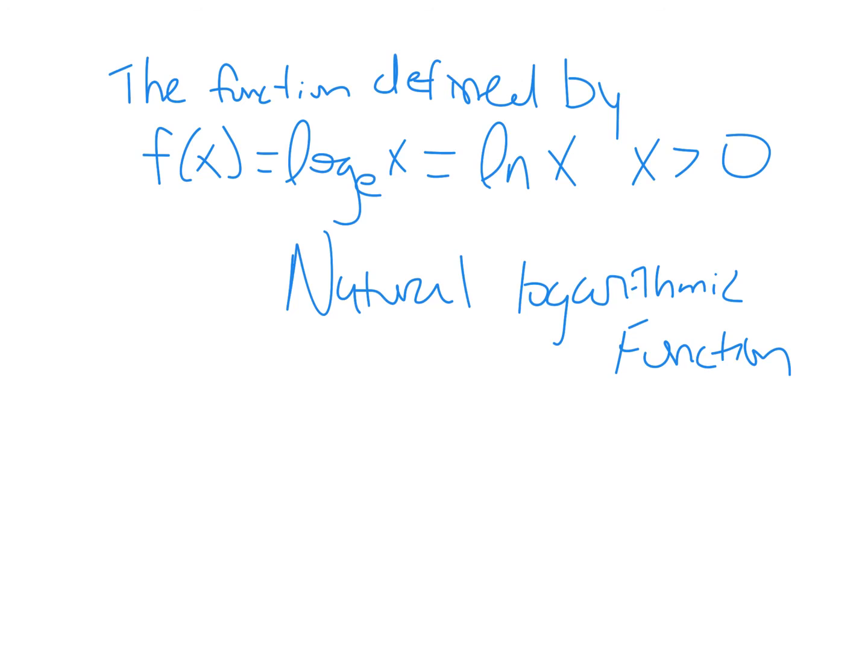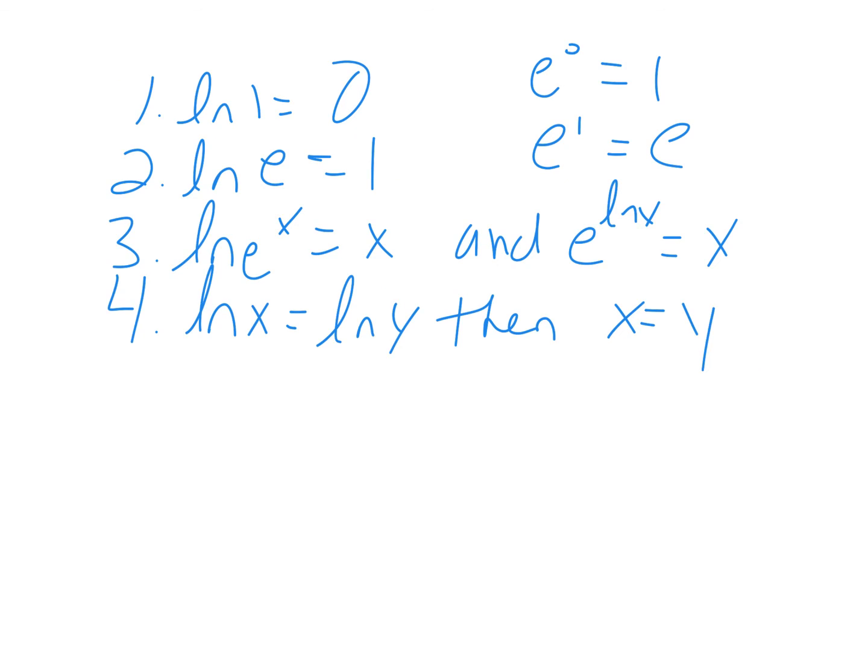Alright, then we have something called natural logarithms. Anytime we have a log with a base e, instead of writing log base e, we can write ln instead, and we call that the natural logarithmic function, this right here. X also cannot be negative or 0, or it doesn't exist. So, natural logarithm right there. Here are the properties of natural logarithms, very similar to logarithms before.